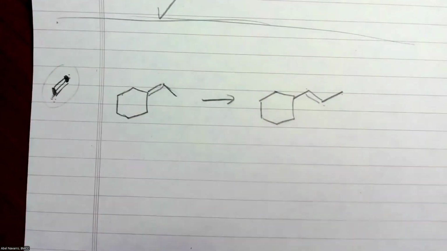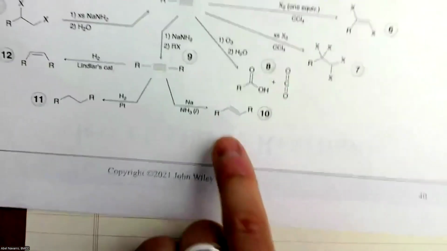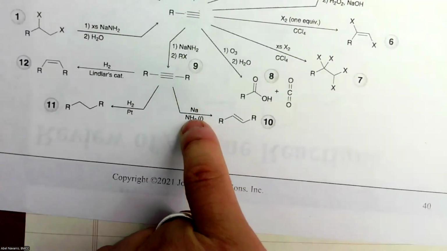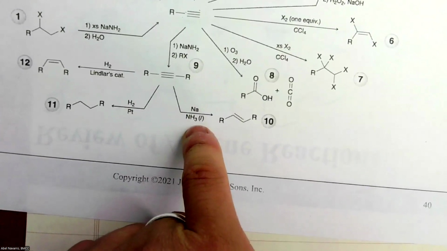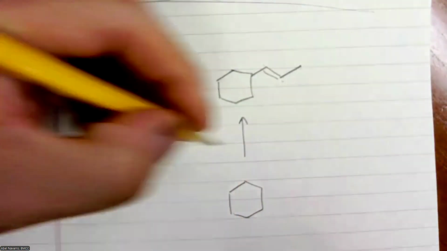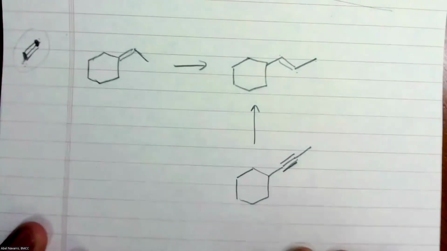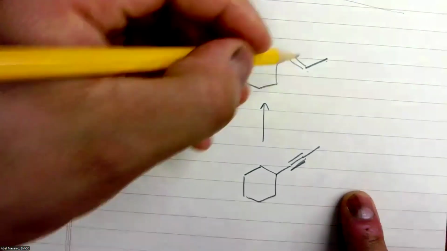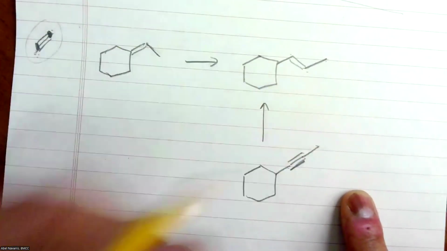Now, this product is a trans alkene. How do I make trans alkenes? Trans alkenes can be made from alkynes. Alkyne with sodium in liquid ammonia gives me trans. So that means that this guy used to be an alkyne, like this. 1, 2, 3, 1, 2, 3, alkyne.